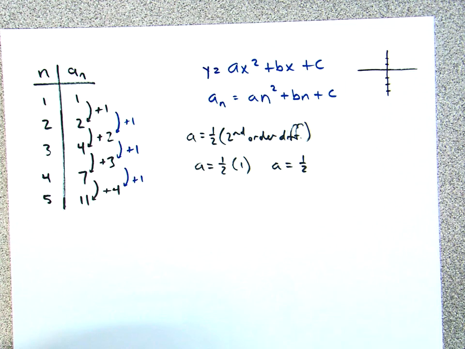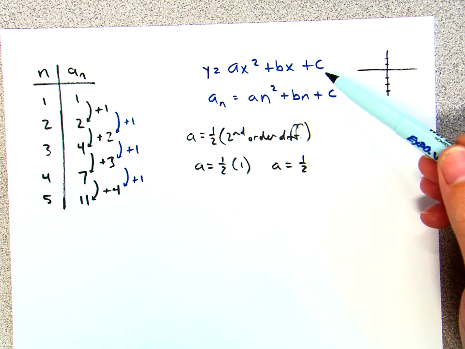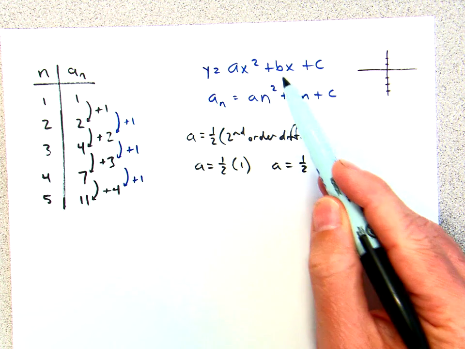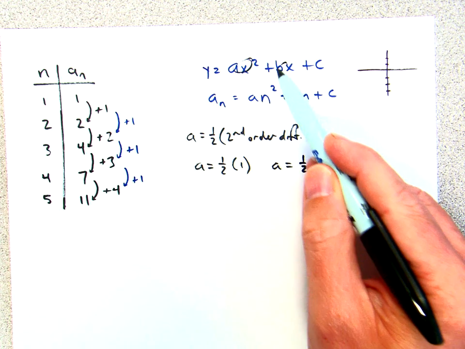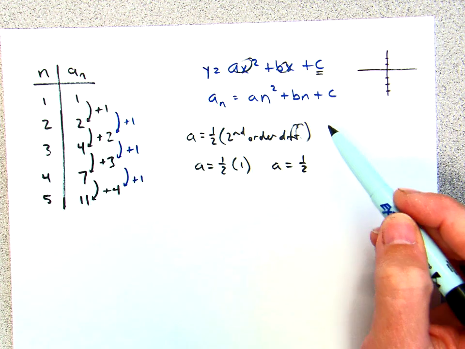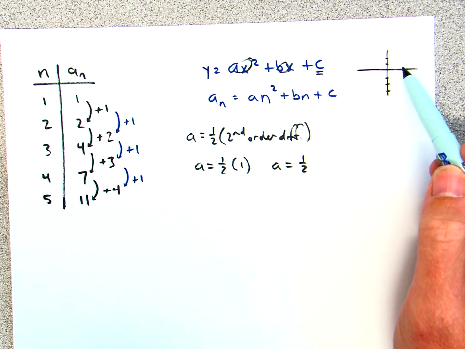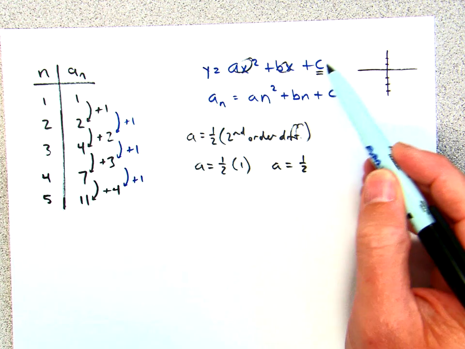This will be a y-intercept. So the C value will always be the y-intercept, because if we put 0 in and square it and multiply it, and put 0 in and multiply it, these are all going to be 0, and we're going to be left with a C value. So when x is 0 in our function, y will always be that constant value.